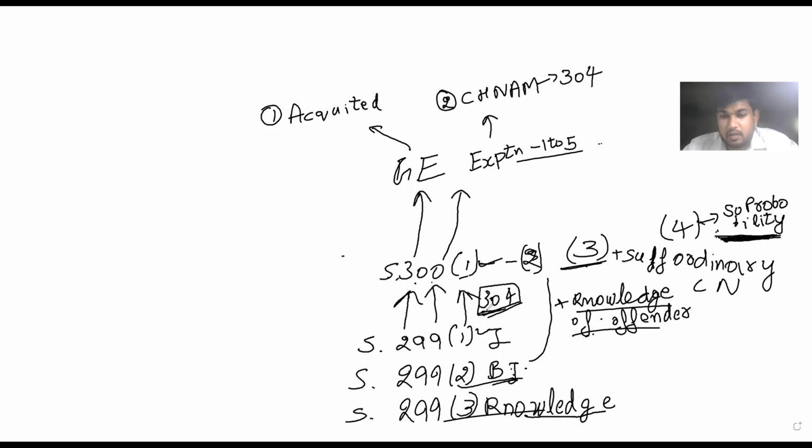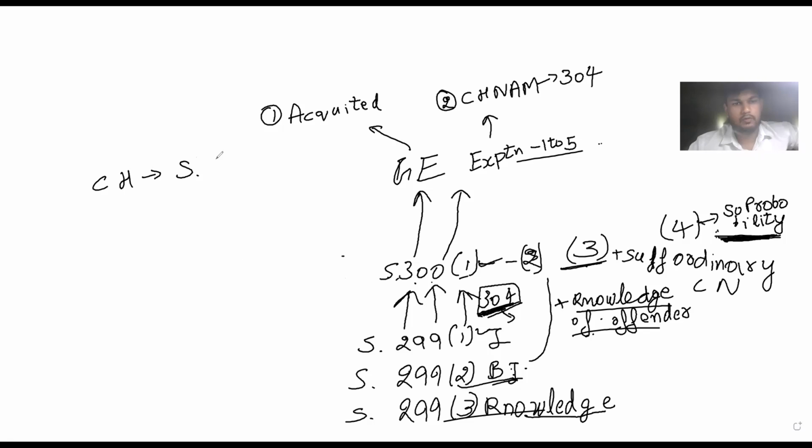Depending upon if it is intention or bodily injury, then 304 para 1. If it was knowledge that his act is such as is likely to cause death, then it will be section 304 para 2. Okay.